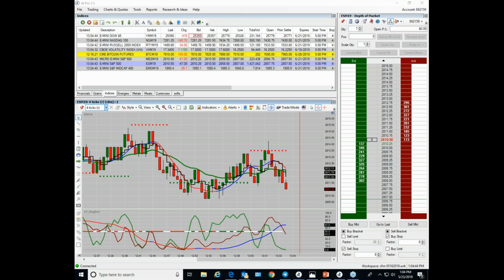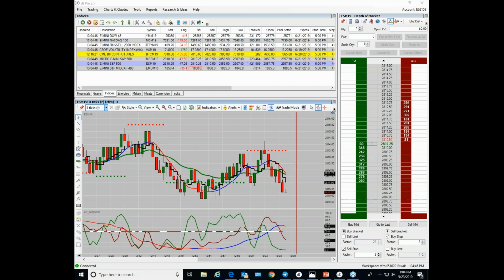On the skill level, I would think as a guy on day 1, you should be asking, can I do this? Do I want to do this? Can I follow the rules? Do I get the setup? The execution part is easy. But I would learn the setup first, and then once you get used to buying and selling inside the DOM here, you could take it to another level and try to do what Mike was doing.